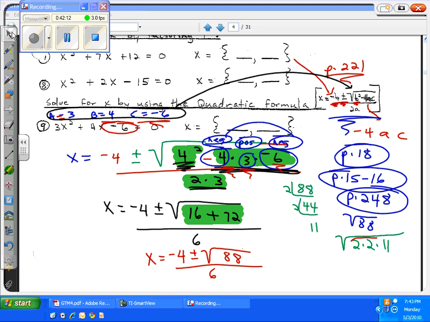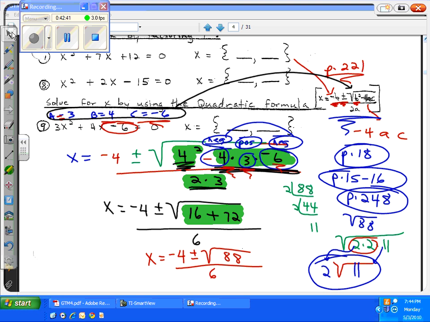We circle sets of 2 for square root, sets of 3 for cube root, sets of 4 for fourth root, etc. From each set, we bring that number out. I'm quoting page 15. What did not get circled in a set goes back in. If there was more than one outside, we'd have to multiply those. If there's more than one inside, we would have to multiply those.